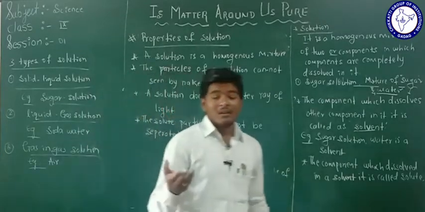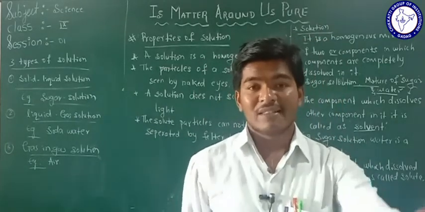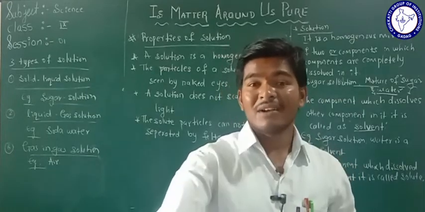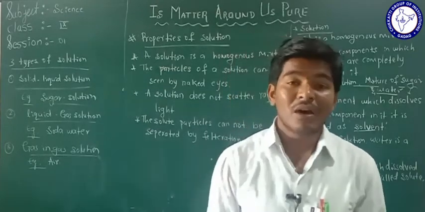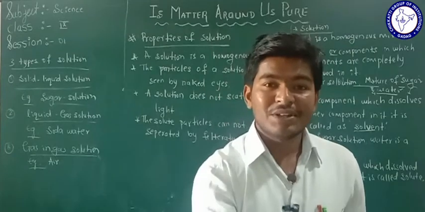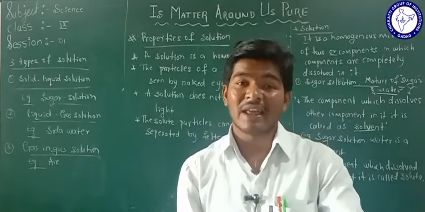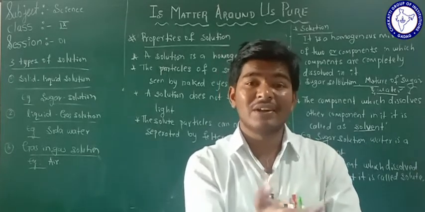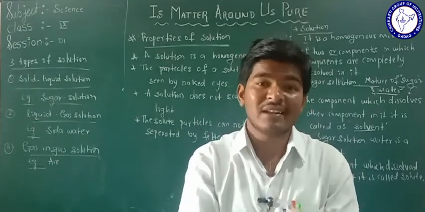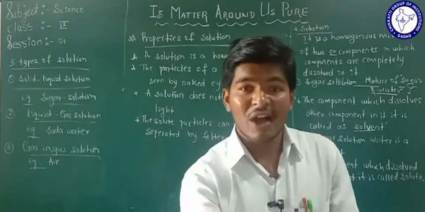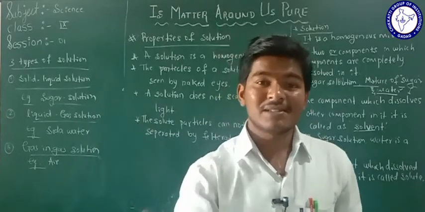In the last activity you have two glasses, one is water containing sawdust, another is water containing salt particles, that is, salt dissolved in it. If you filter the mixture of sawdust and water with a filter paper or any filter equipment, you can easily separate the sawdust particles from the water, but you cannot easily separate the salt particles which are dissolved in the water.